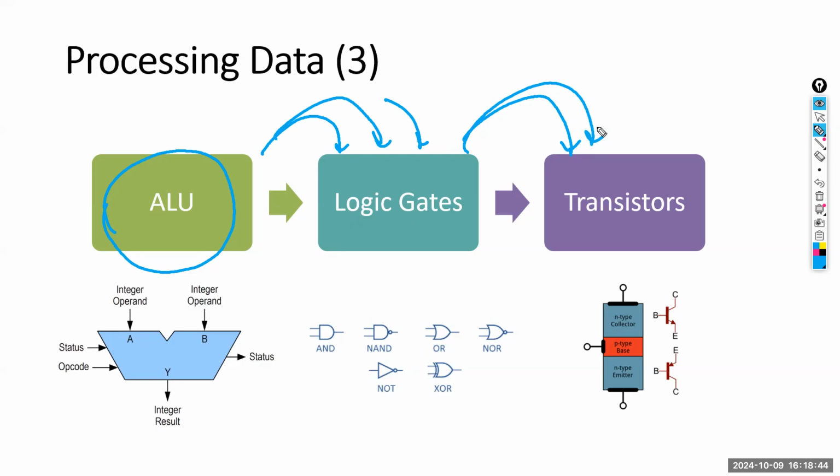Logic gate is a concept, but the reality is transistors. I mentioned that there are billions of transistors in different circuits in the modern i7 processor, billions of logic gates.